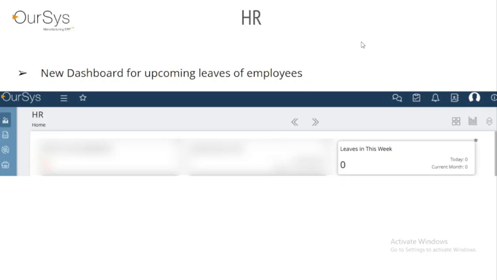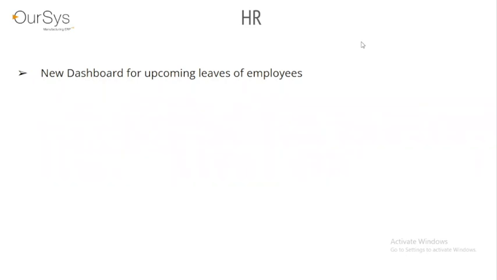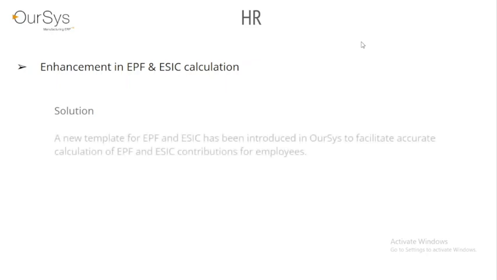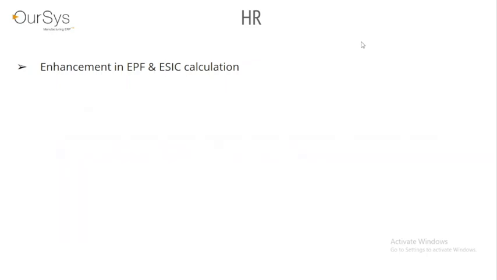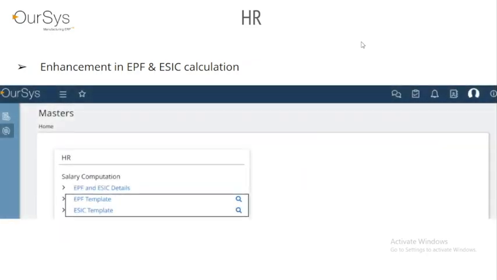To address this, we have introduced one dashboard that provides visibility into all upcoming leaves, ensuring that team members can plan accordingly. As you can see, you can have month-wise and week-wise upcoming leaves on the dashboard.